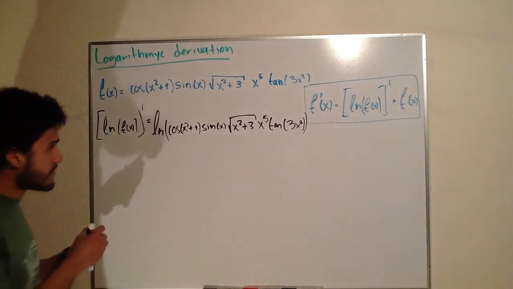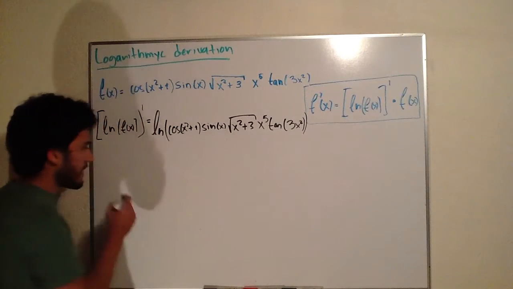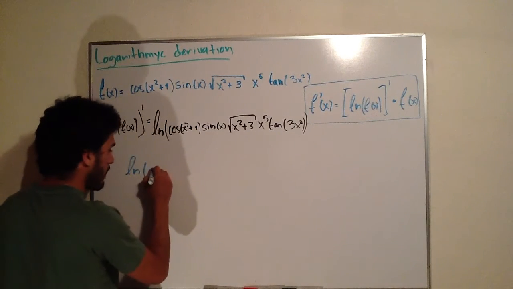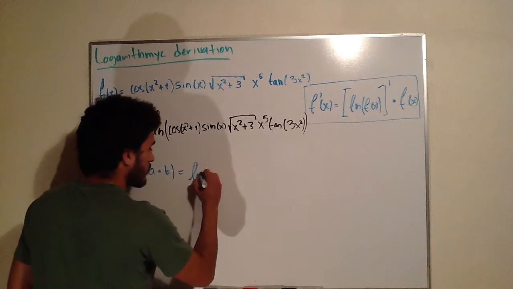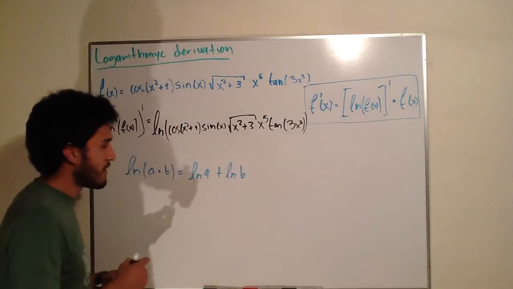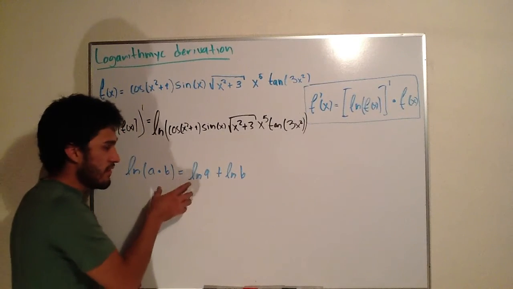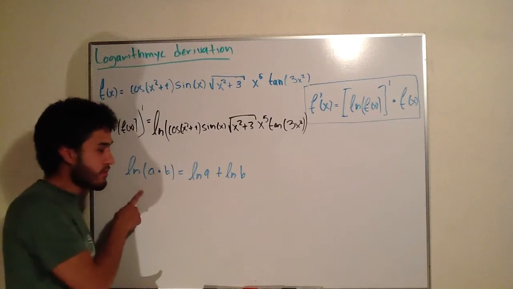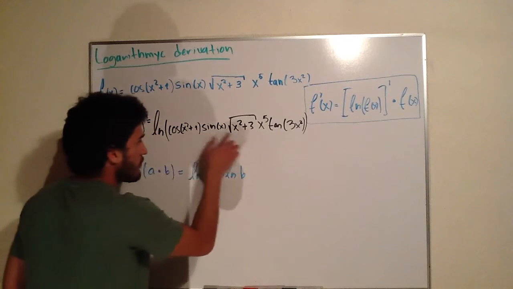Okay, we have that. So in this case, we are going to remember the logarithm properties, one of which says that the natural logarithm of a multiplied by b will be natural logarithm of a plus natural logarithm of b. Remember that we can apply these properties if the logarithms are on the same base. In this case, we know that natural logarithm is on the base e, so we can apply this formula inside of these whole products.